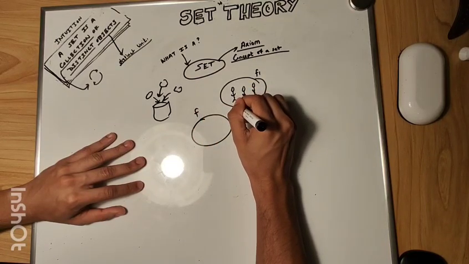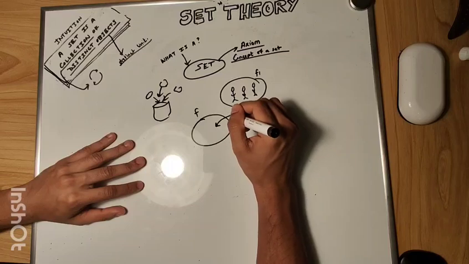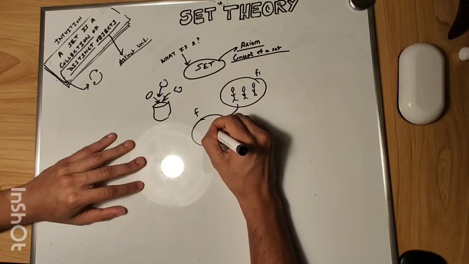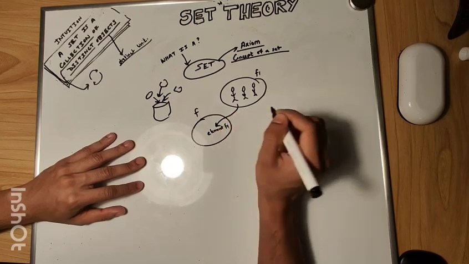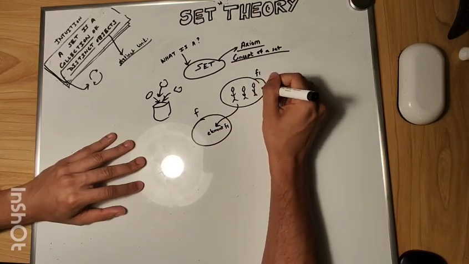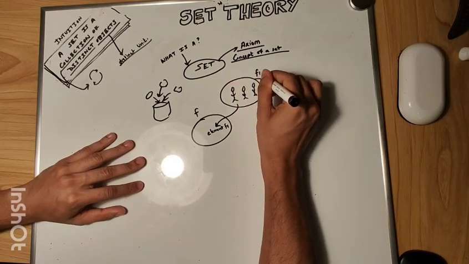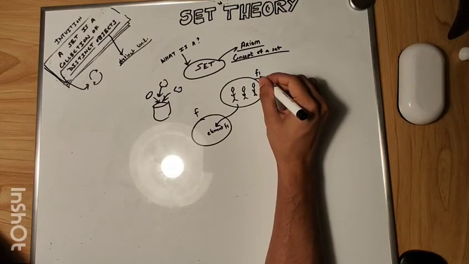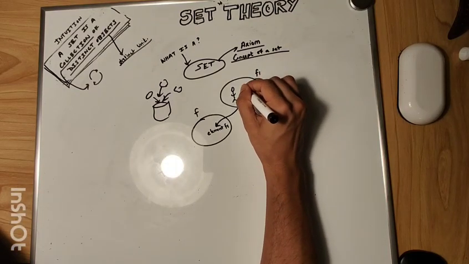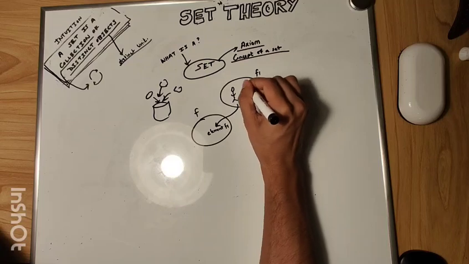Then F1 can be a member of the set, or an element of the set. And for that purpose, we can treat F1 as an indivisible unit, and we don't have to treat its members separately.